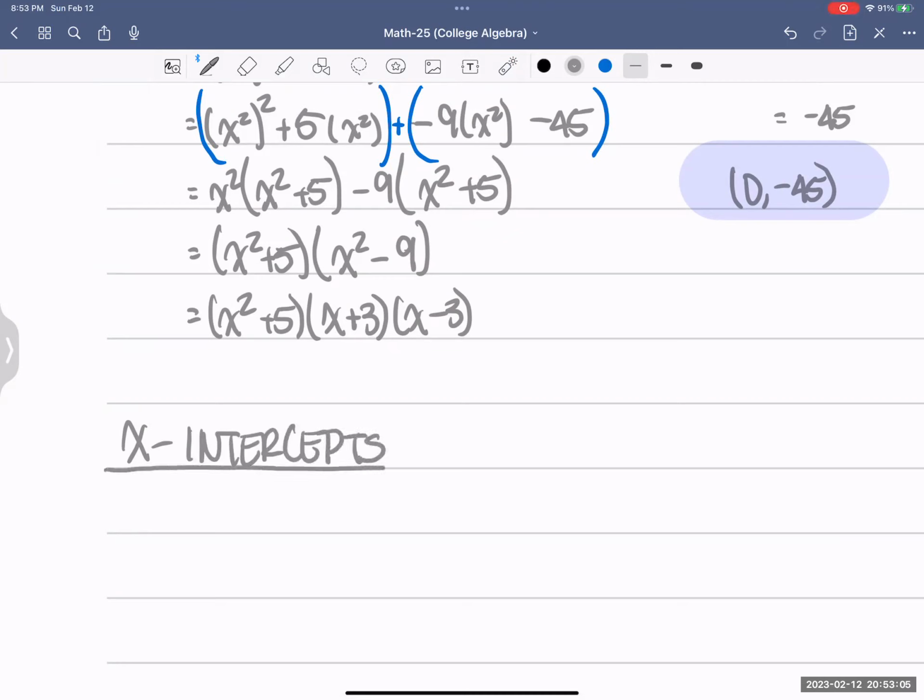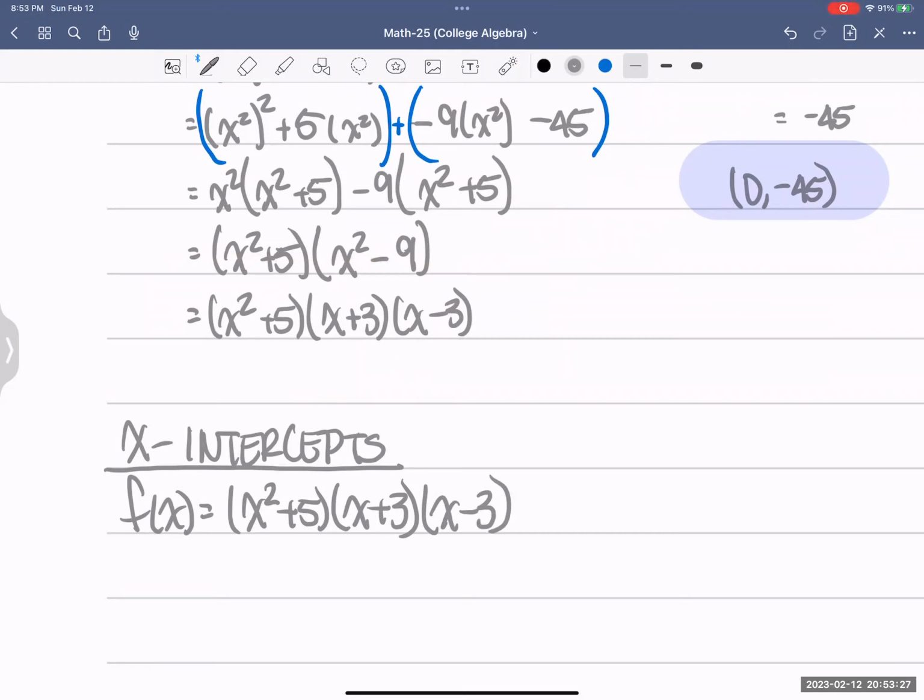This time, x-intercepts happen when our function is equal to 0. Let's rewrite our function: f of x is equal to what we found up here. Let's use our factored form to make it a lot easier for us: x squared plus 5, times x plus 3, times x minus 3.